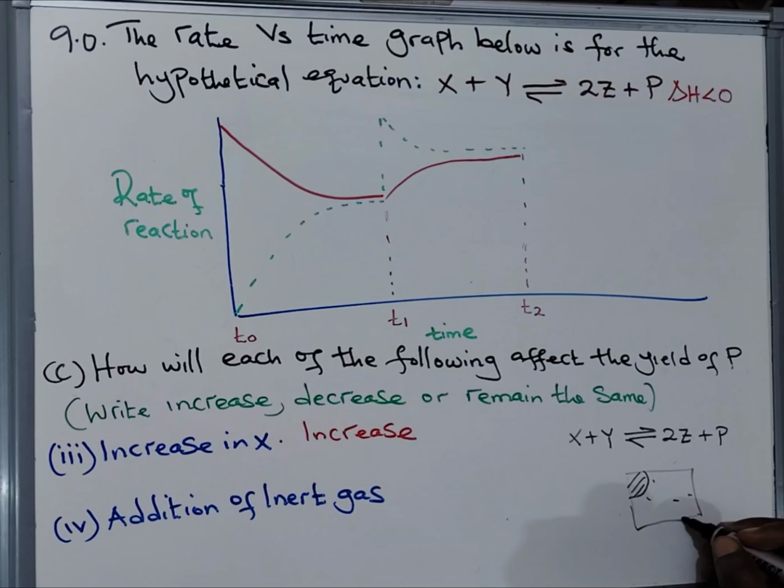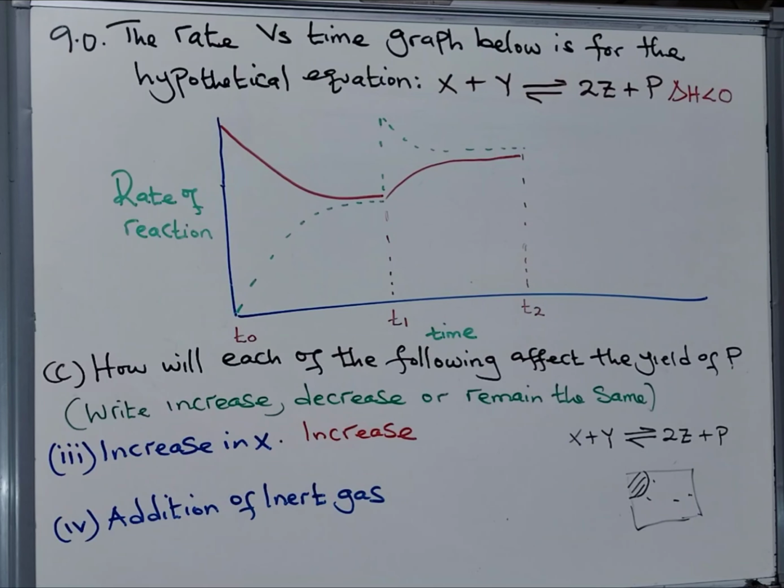So the volume decreases, and when the volume decreases, the pressure increases. In other words, addition of inert gas is tantamount to increasing the pressure of the system.